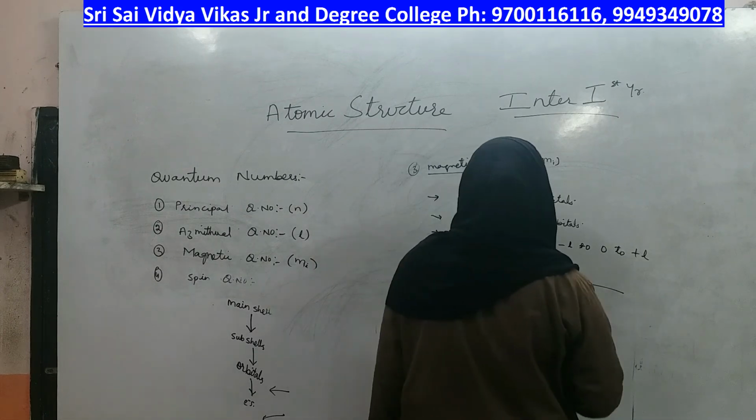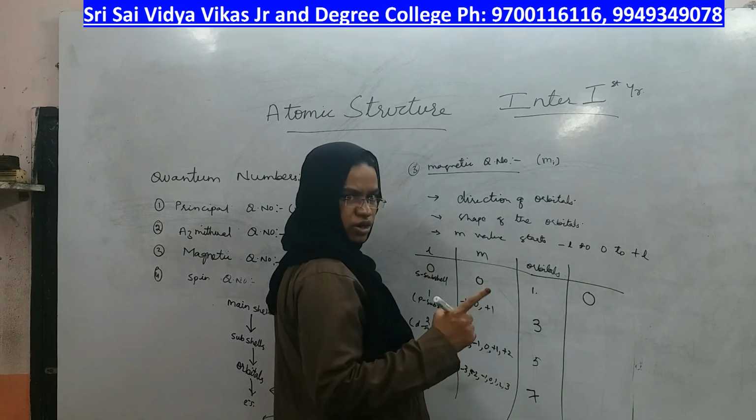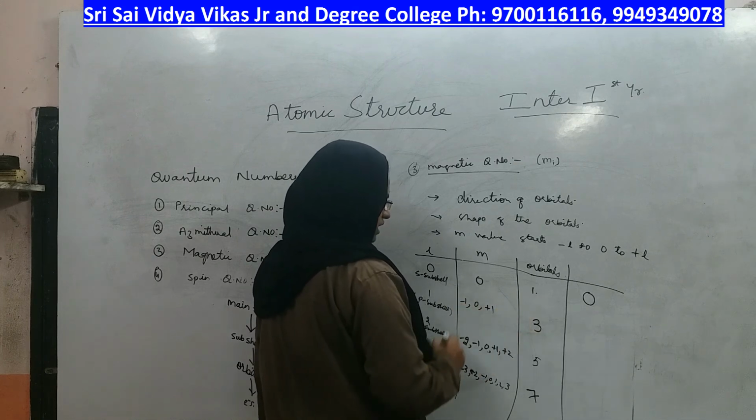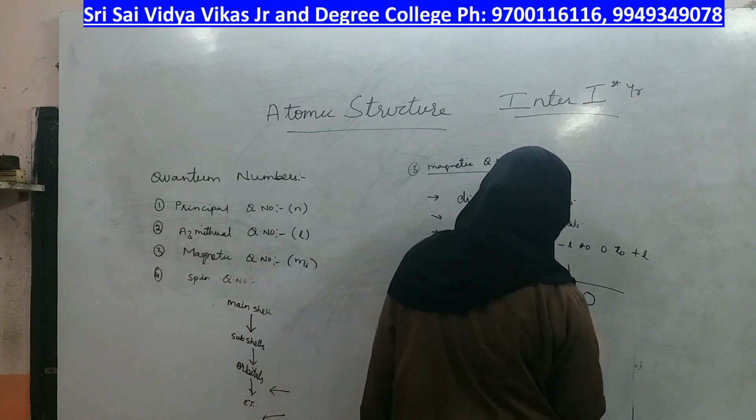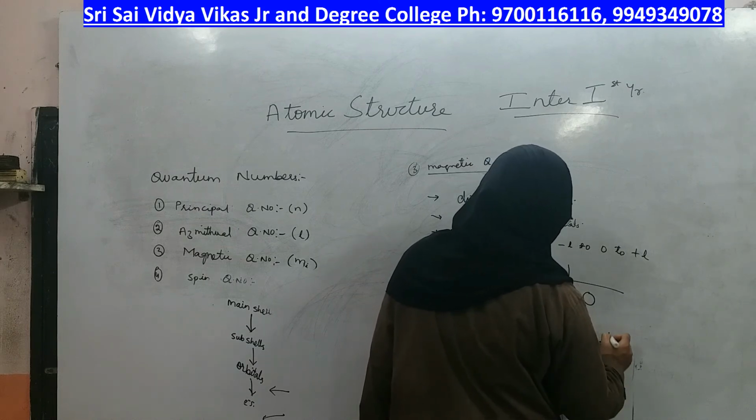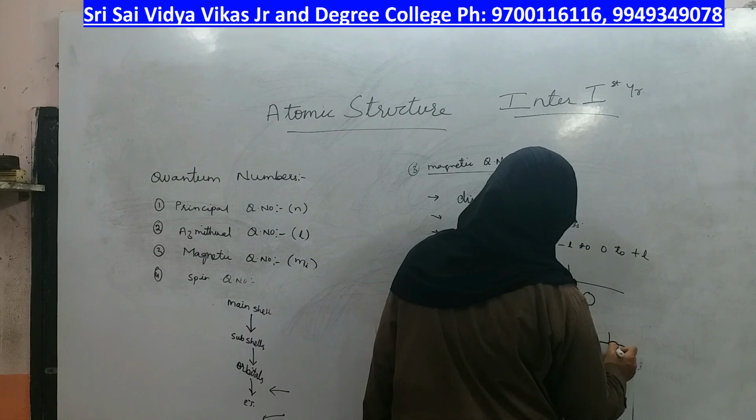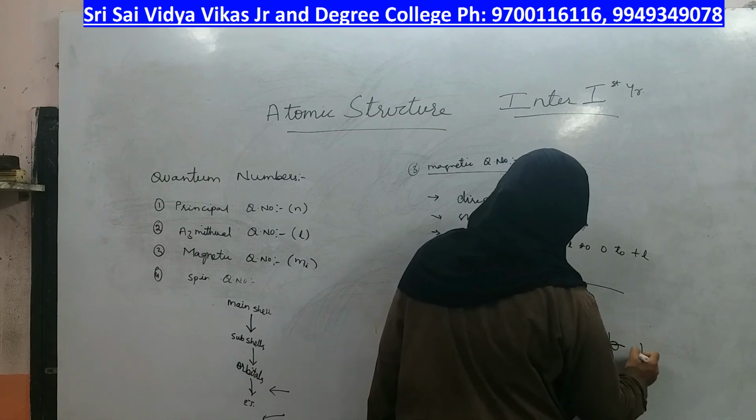For the P subshell, how many orbitals are there? 1, 2 and 3. One is facing in the X direction, other is facing in the Y direction, and the other is facing in the Z direction.